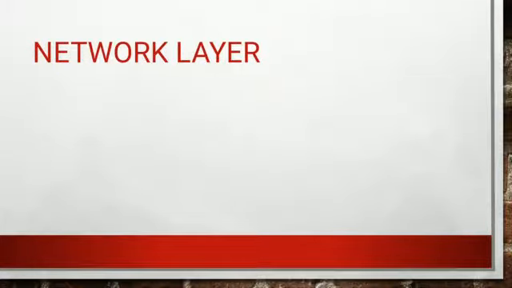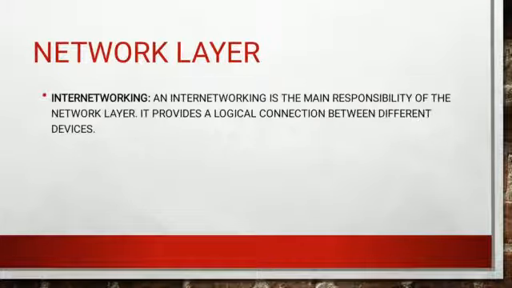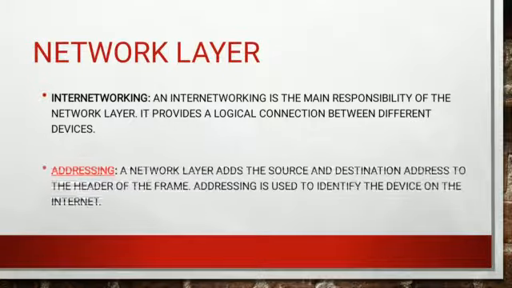Now see what the functionalities of the network layer are. First, internetworking. This is the main responsibility of the network layer, which is used to provide the logical connection between different devices. To connect the devices logically, we use this network layer. Addressing: for representing the source and destination address, that is, route path finding.